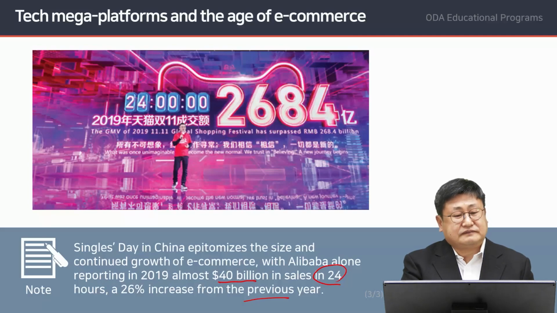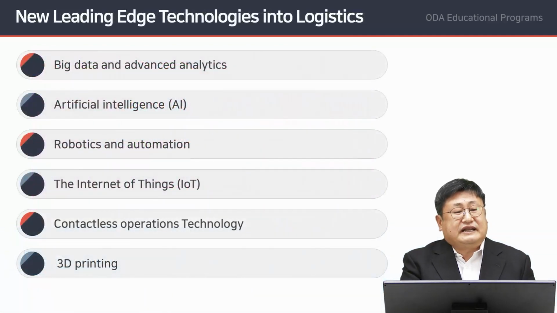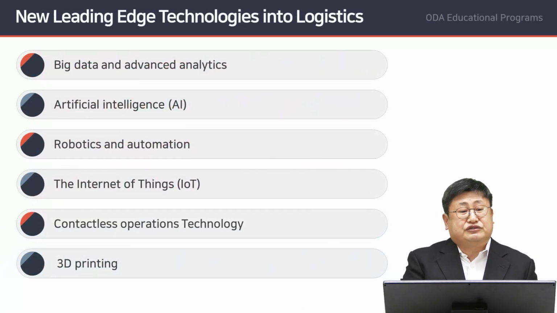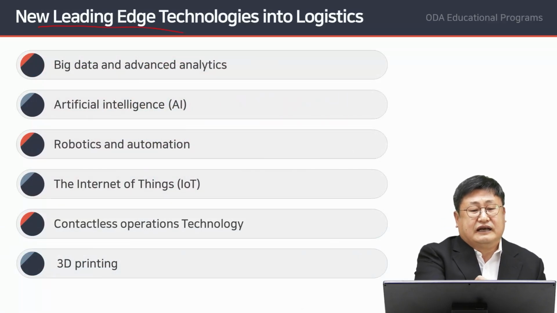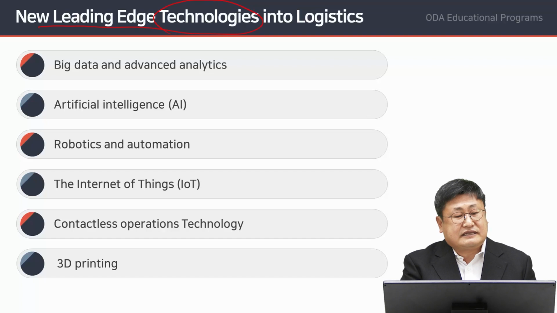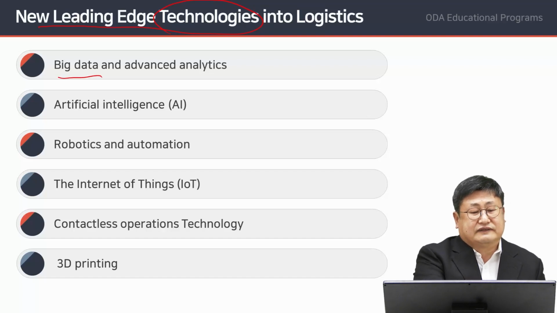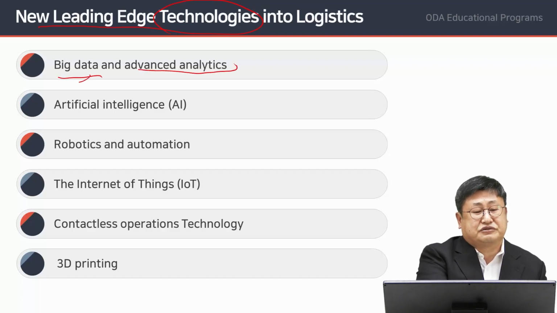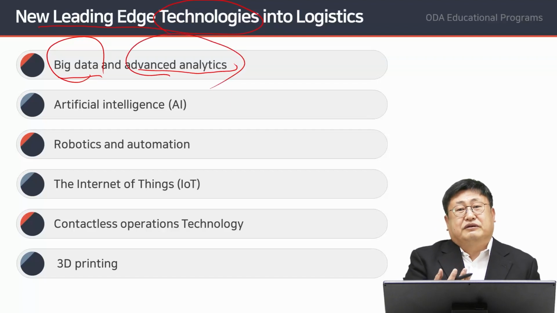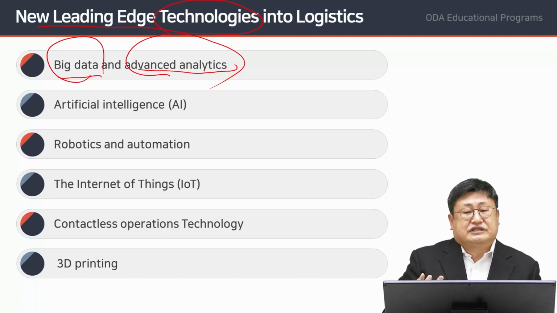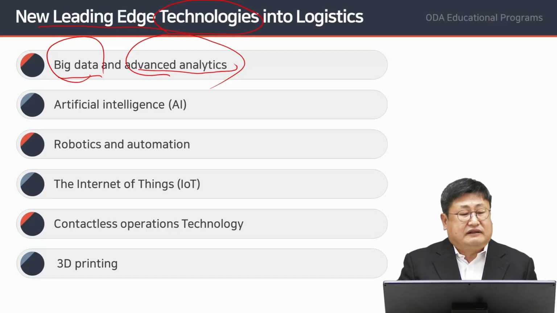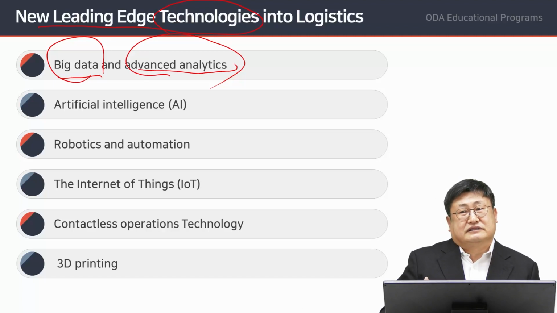And new leading technologies such as big data and advanced analytics. Big data changed our life as well. And artificial intelligence, machine learning, and deep learning can know what's going on in the future.